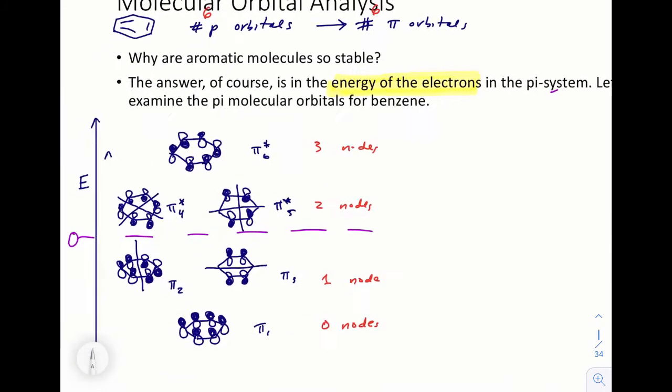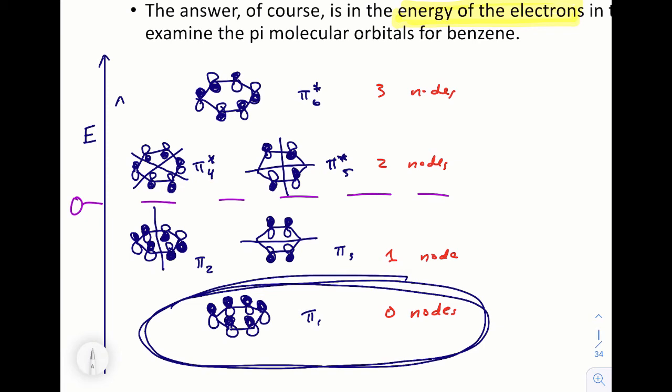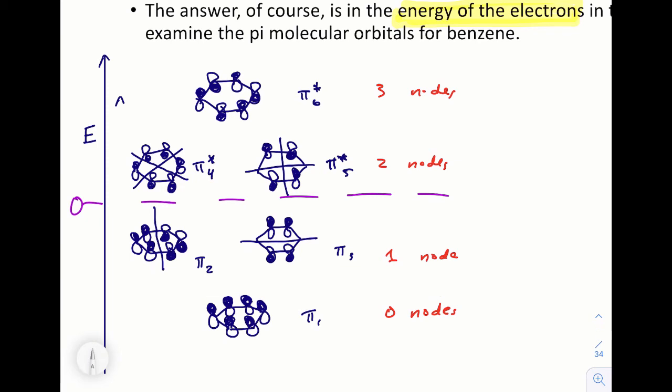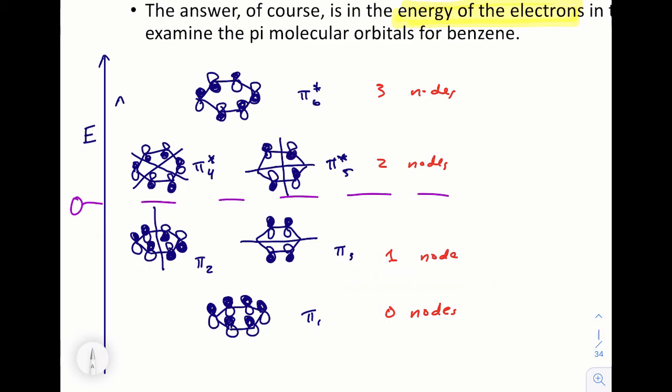The lowest energy orbital for benzene will have 0 nodes. All of the p orbitals for benzene combine in phase. The next highest energy orbital has 1 node. Now there are 2 degenerate orbitals with 1 node because there are 2 ways to orient that 1 node. It can bisect the ring like this or like this.